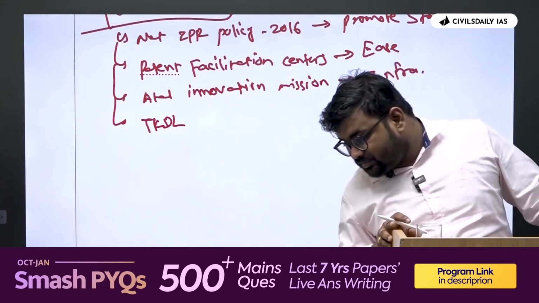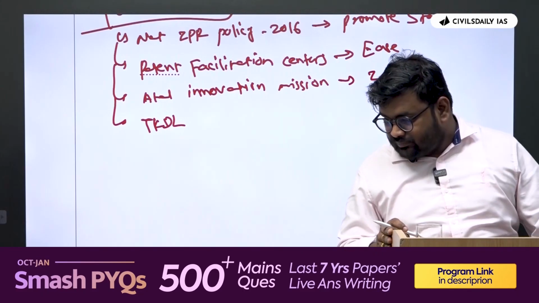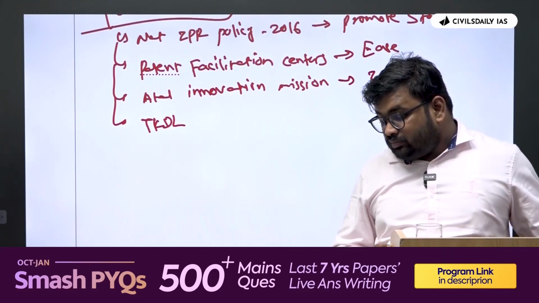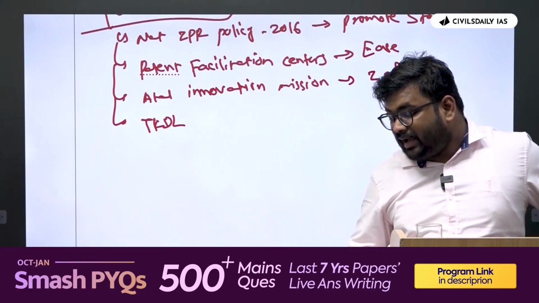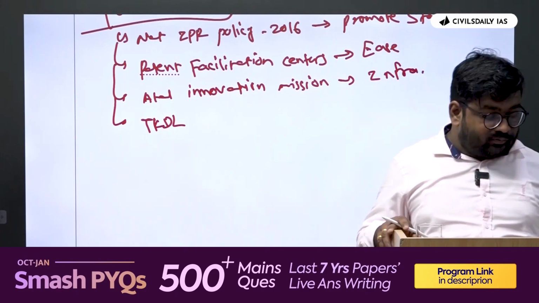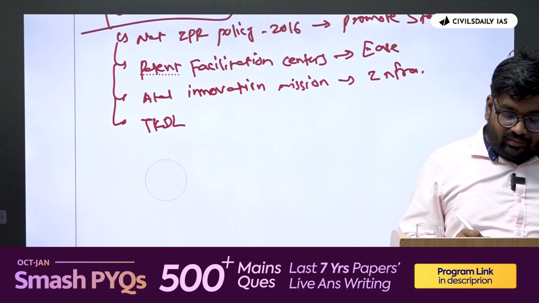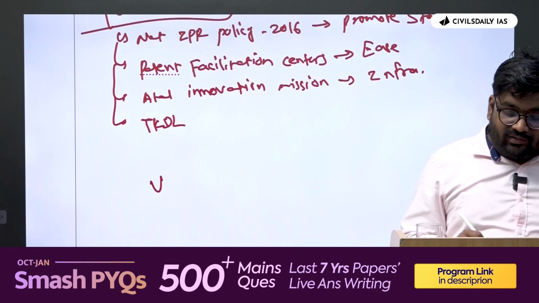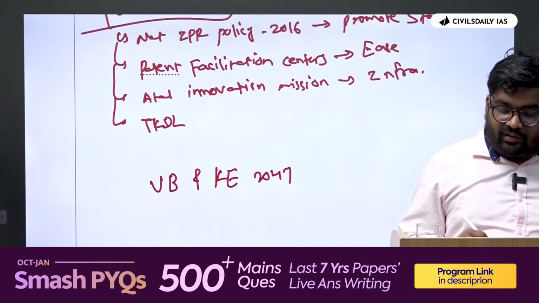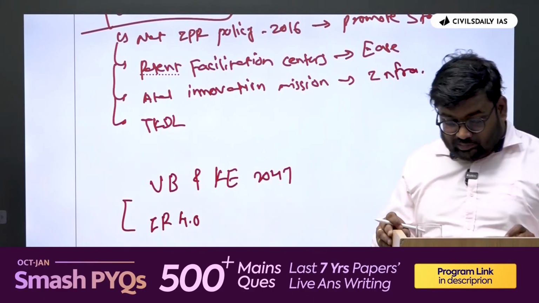Yes, you can also mention GI. Government has brought the act related to it, so you mention the GI Act. ठीक है? So for Viksit Bharat and knowledge economy by 2047, or Industrial Revolution 4.0 also you can mention.